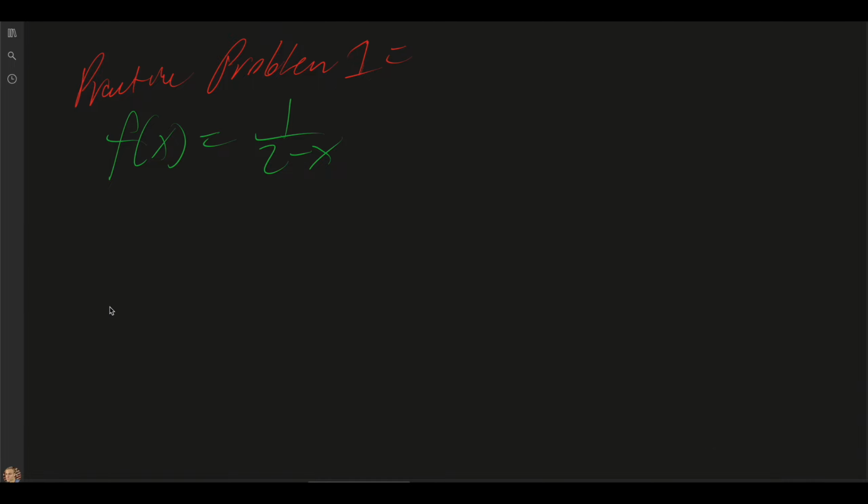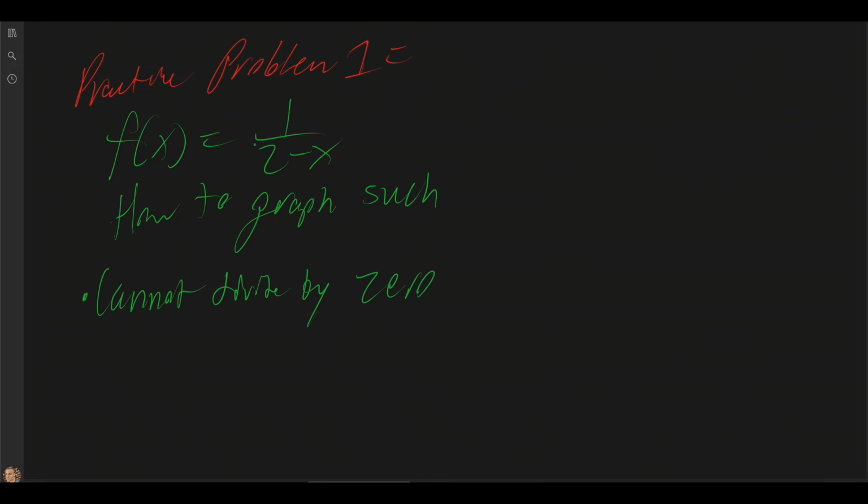So now, whenever we are focusing on our first practice problem, we are given the case of when we have 1 over 2 minus x, and we got to figure out how to graph it. Well, again, as we know with the general rule, we cannot divide by 0. And reciprocal functions are typically always going to be the same, to an extent, depending on exactly what we're getting.